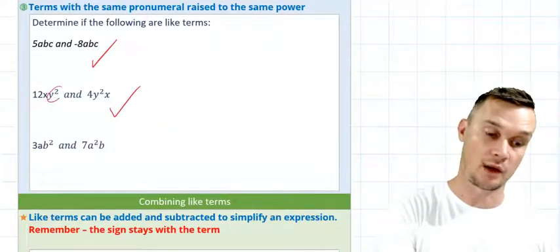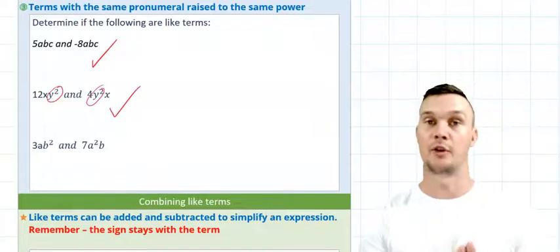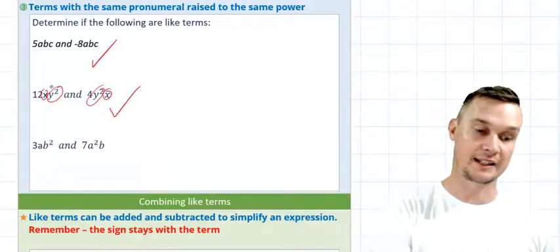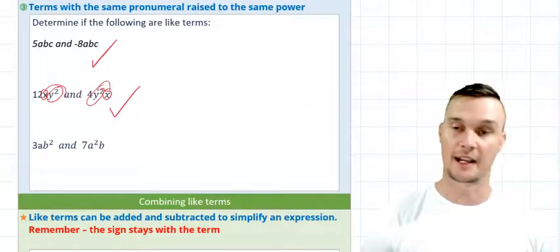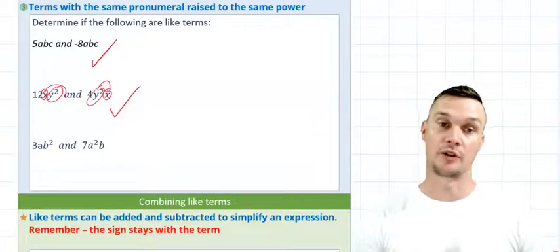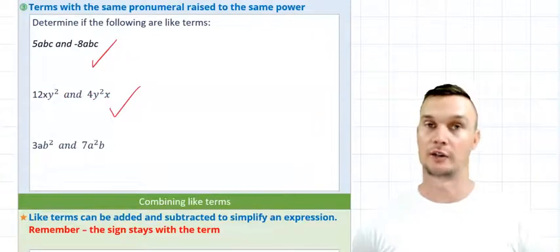We have y squared, and this one is y squared as well. So they do have a pronumeral to the same power, and they also have an x. Again, it doesn't matter what order they are in. They both have the same pronumerals, and the y is to the same power. So these both are like terms.